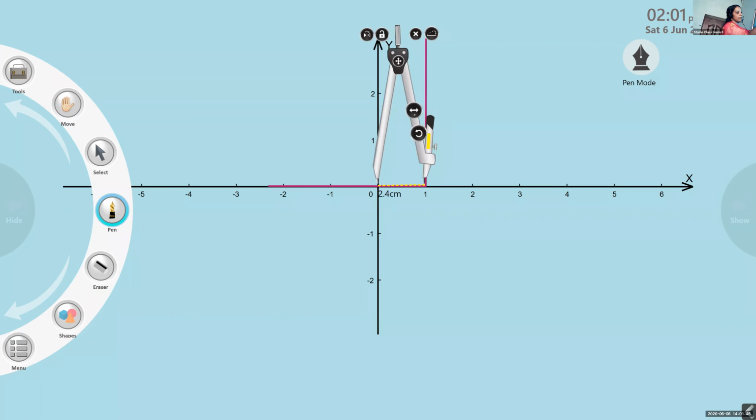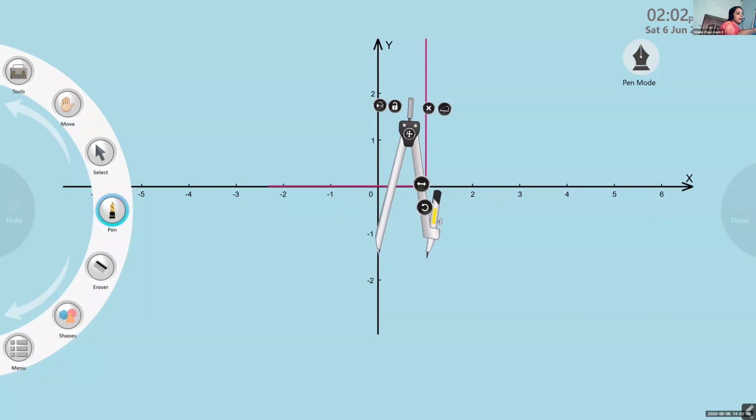If you want, make a small dot over there. This is the radius, this is the old base. The same measurement we have to take on that perpendicular line also.